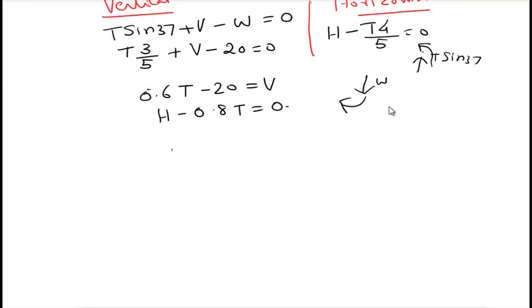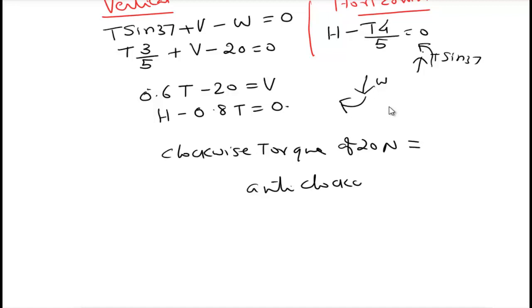So the clockwise torque due to the 20 Newton weight will be equal to the anti-clockwise torque of T sine 37. Sine 37 we already got as 0.6.